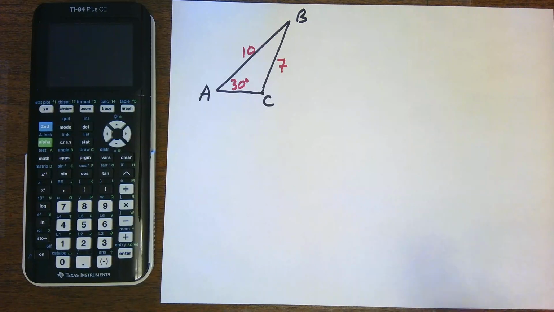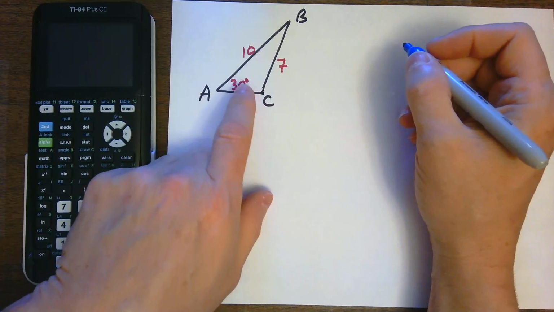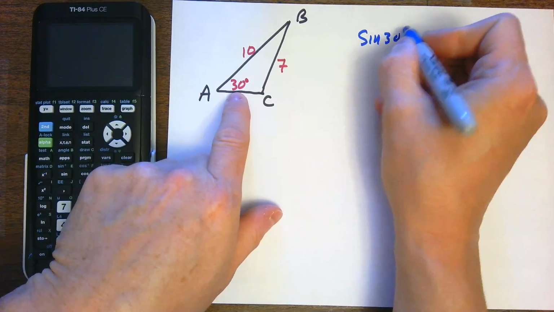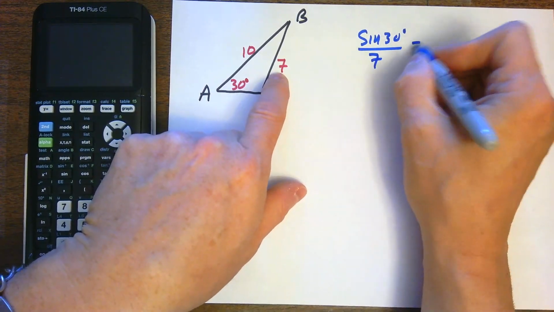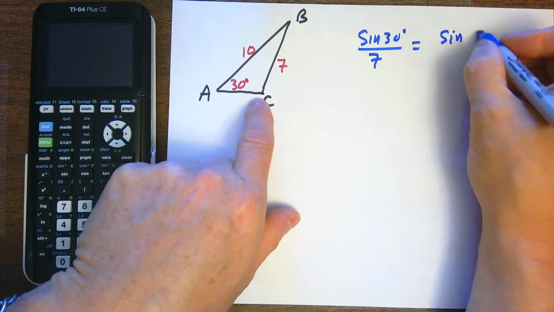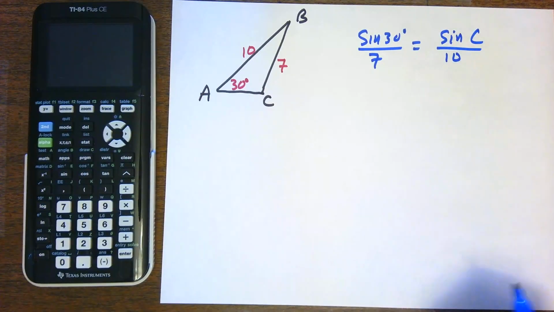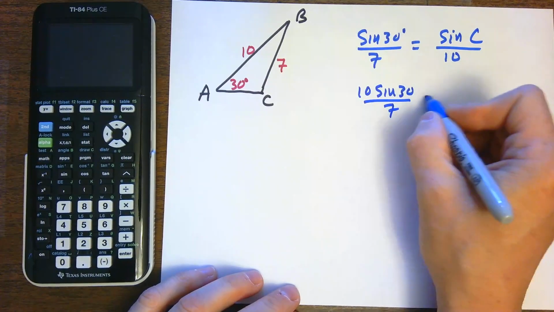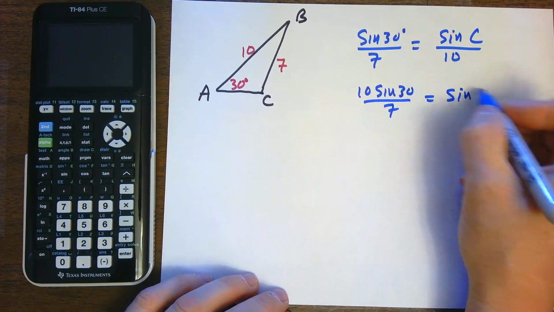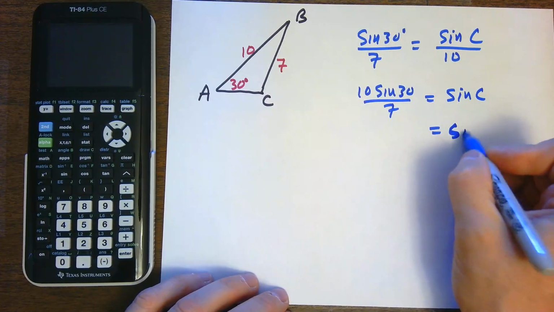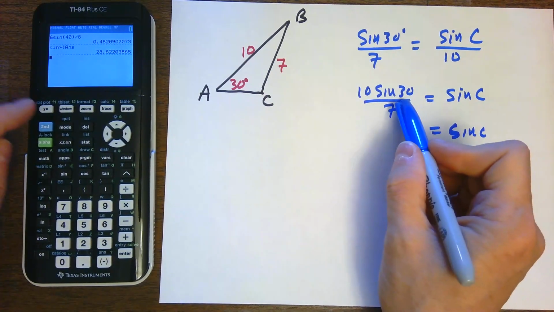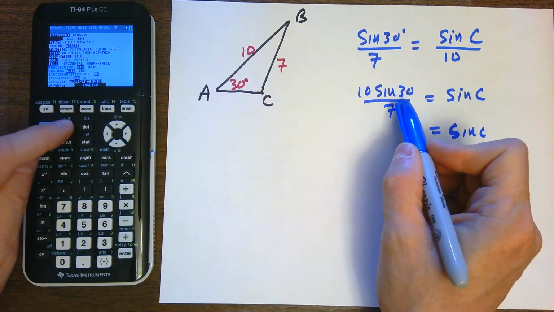So if I just plain old use my law of sines here, I can say that the sine of 30 over the side opposite is going to be the sine of angle C over the opposite. In other words, 10 times the sine of 30 over 7 is the sine of C. On the calculator, I want to make sure I'm in degree mode, good.